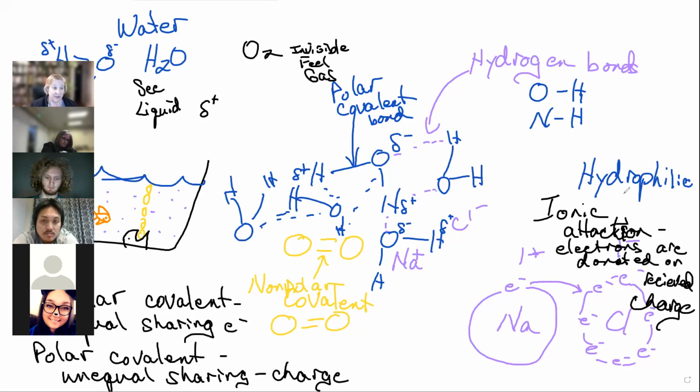Hydro for water, philic for love. Philadelphia is the city of brotherly love, that's where the Philly comes from. They had high hopes. Polar covalent bonds are also hydrophilic, so they're water loving. It means they'll dissolve in water.